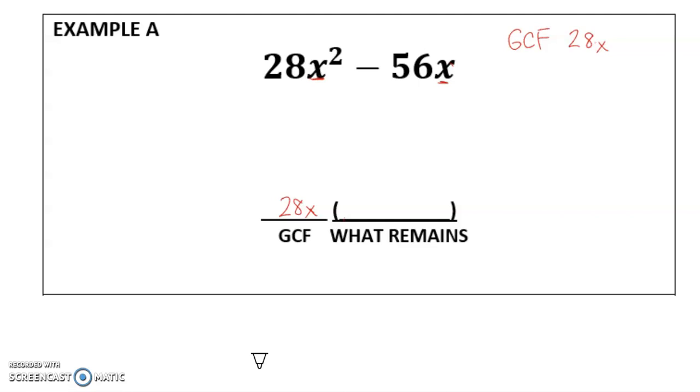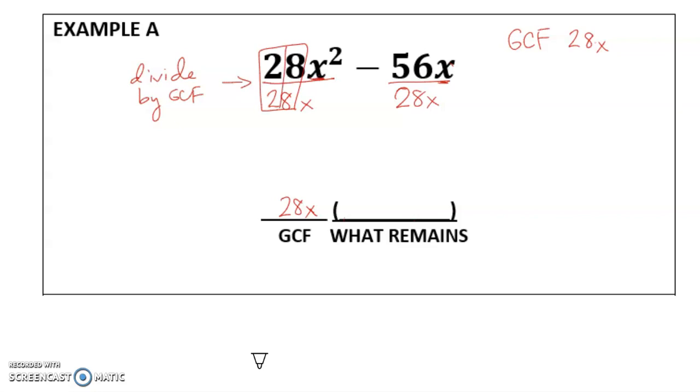If I need to find that out, I can divide by the common factor. Okay, so we divide by the GCF to figure out what remains. Okay, so look, 28 divided by 28, that is 1.